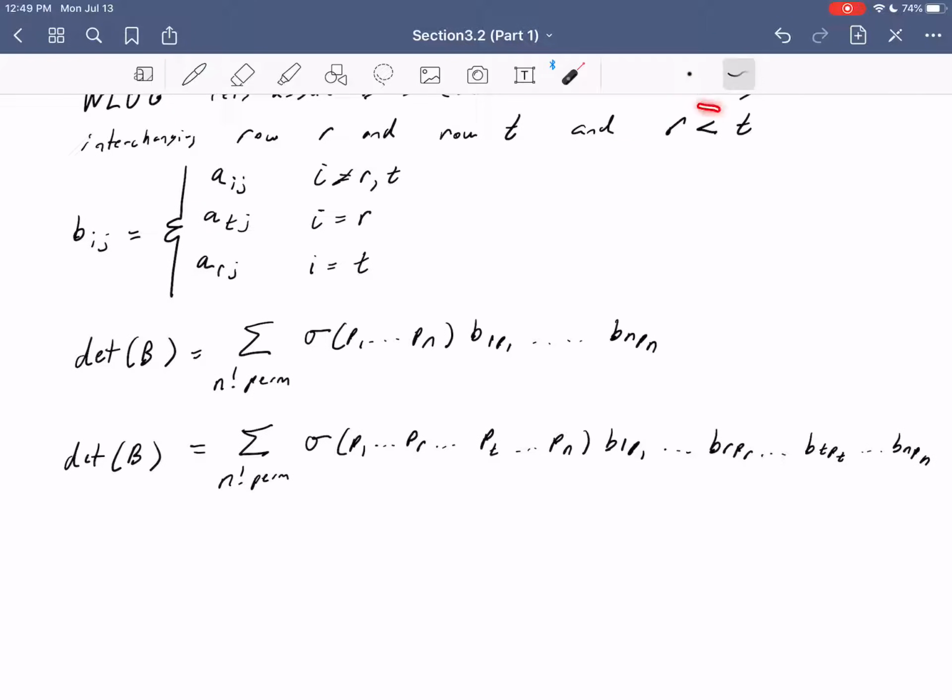And again, this is why it was important to say R less than T, because the R ones happen first.